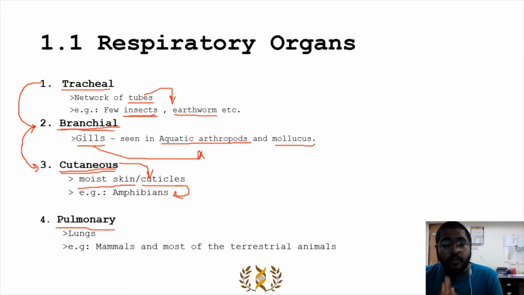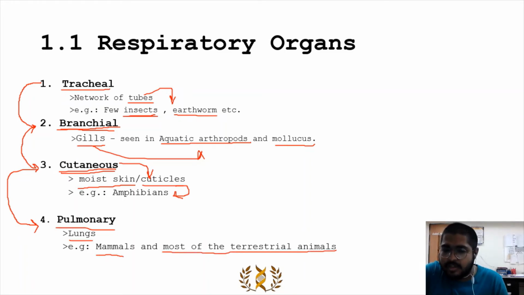Now coming to the fourth, the last, the most complex, the most evolved, and the most highly efficient type of respiratory organ, which is the pulmonary respiratory organ, the lung, which we humans have, most mammals have, and most terrestrial animals also have. That's it.